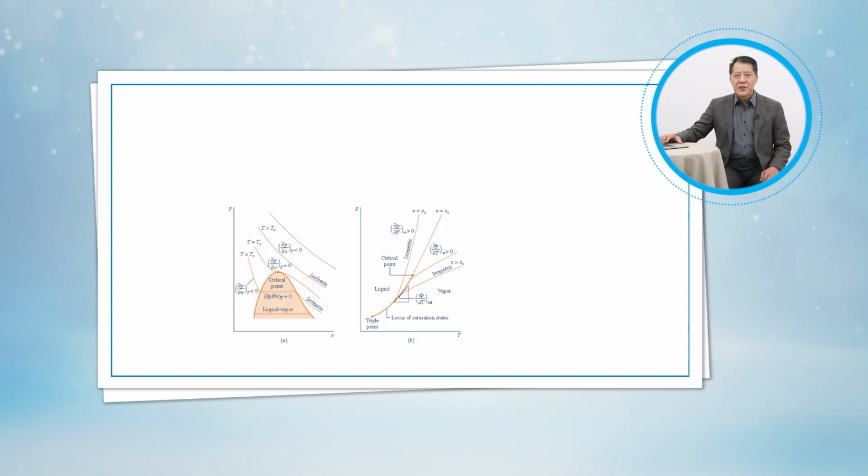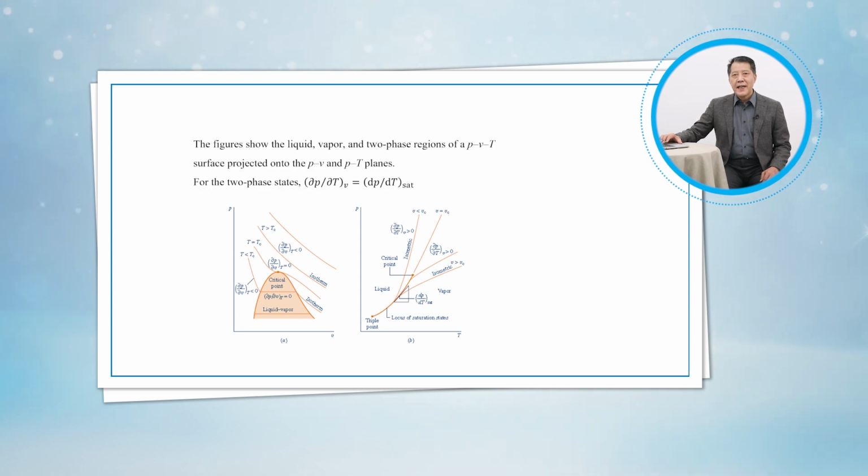The figure shows the liquid, vapor, and two-phase regions of a PvT surface projected onto the P-v and P-T planes. In Figure A, several isotherms are sketched.